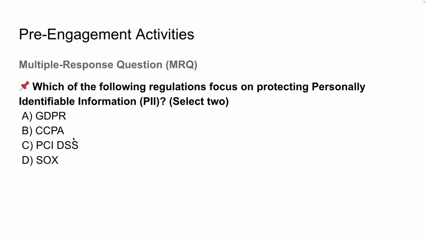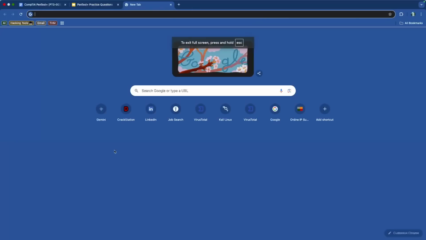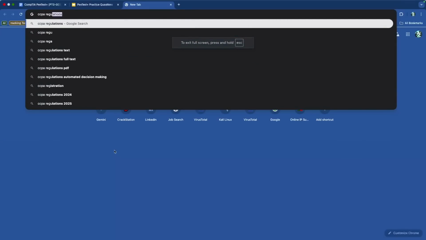CCPA, I completely forgot what that acronym stands for. And Sarbanes-Oxley has to do with financial auditing information, so I know it's not that one. I'm definitely going to say it's GDPR, and I want to say it's A and C. Ooh, let's see. It's A and B. Oh my gosh, CCPA. Let's find out, because I want to remember what CCPA is.